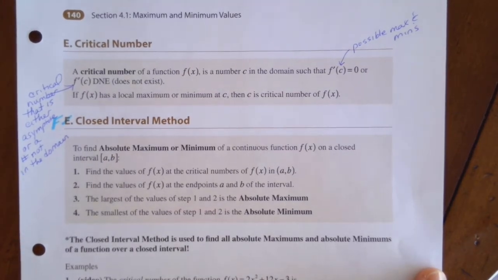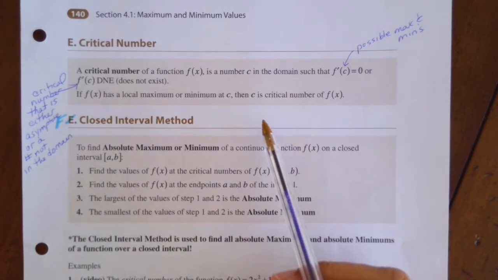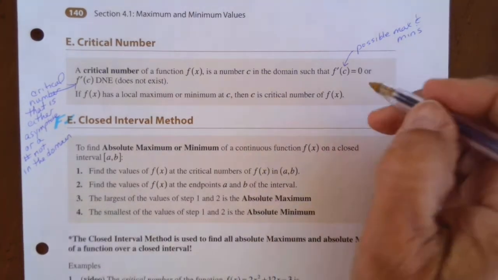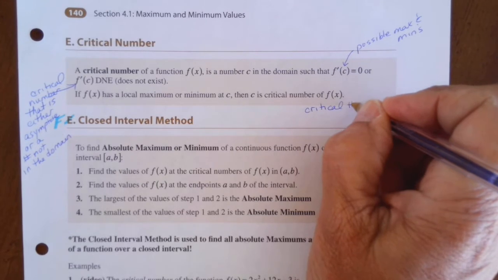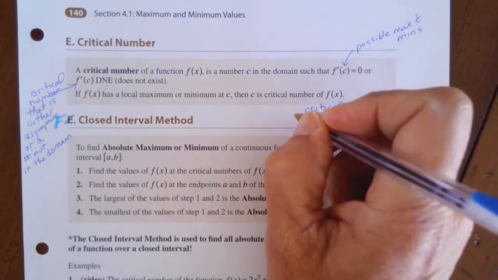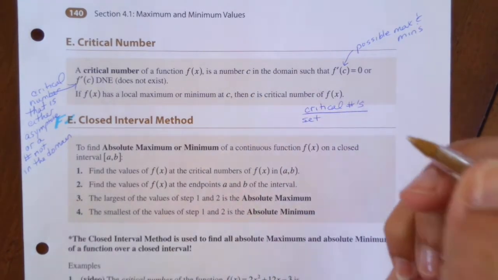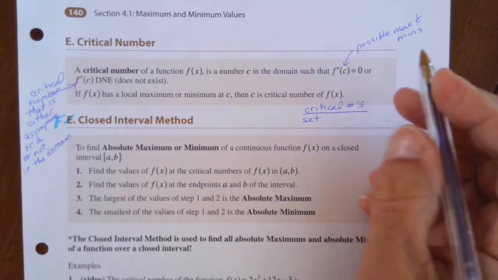Let's look at how we would do that. I'm going to write over here. I don't have a lot of room for this. So to find critical numbers, if you just have a polynomial, we're going to set it equal to 0 and solve it. That's not a problem.